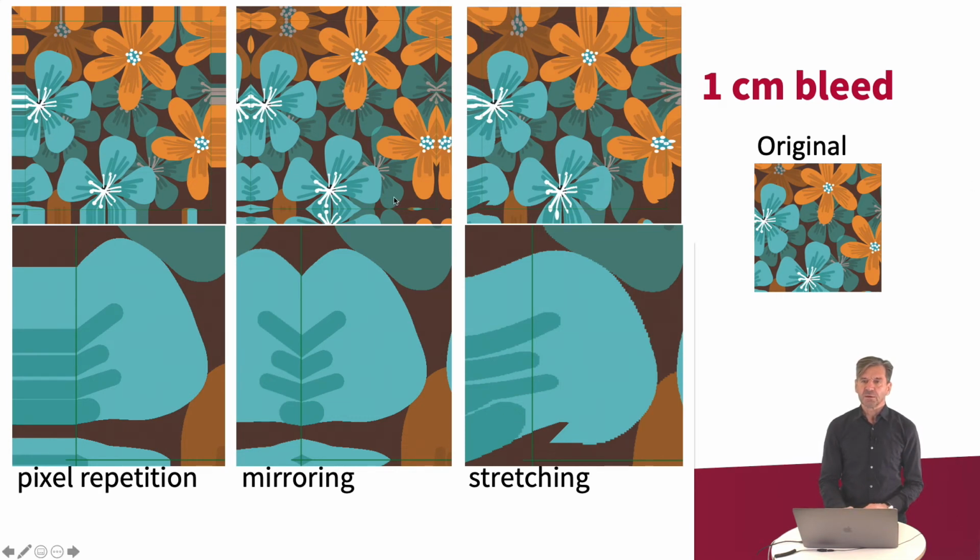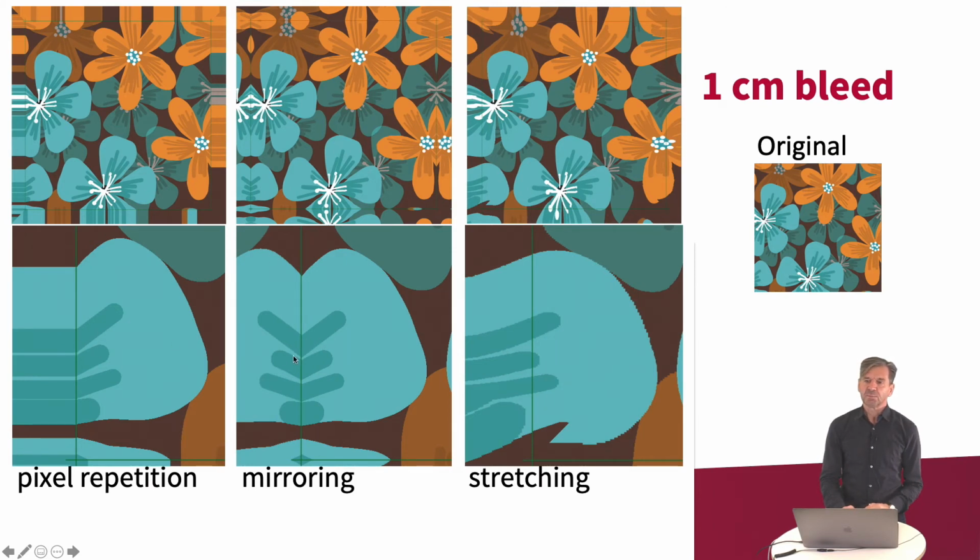Here you see pixel repetition may work if you don't need lots of bleed, but it will soon look strange when you need more than a small bleed area. As you see, it just repeats pixels.